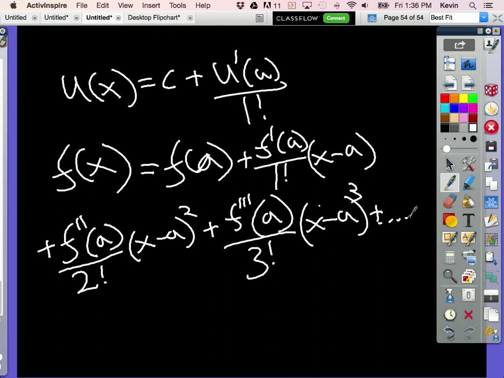And do you see the pattern? Quadruple prime over 4 factorial.